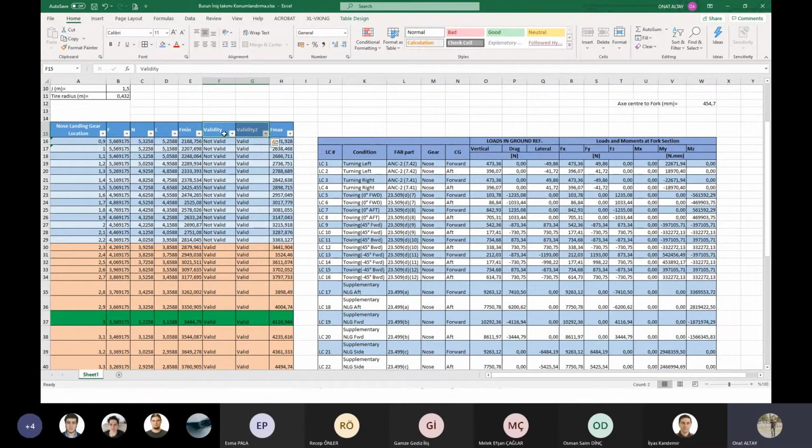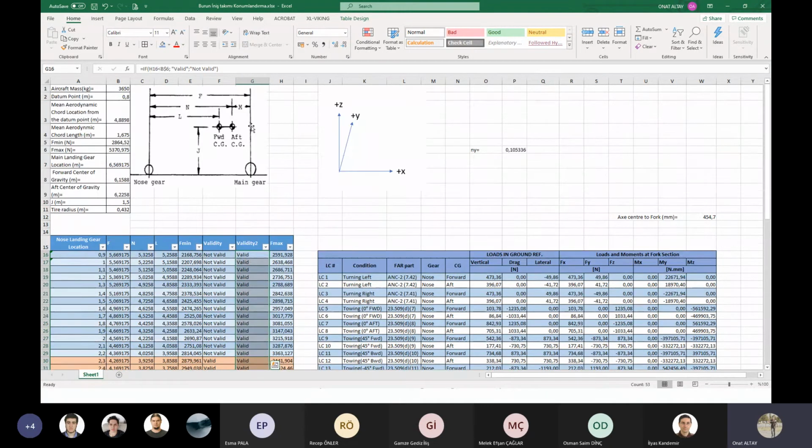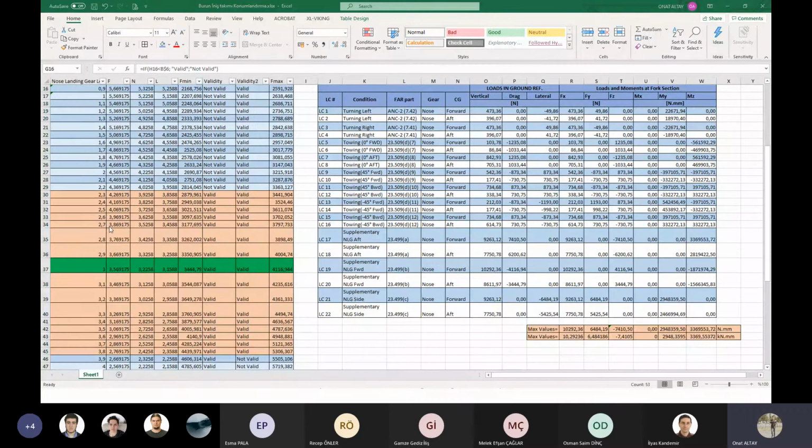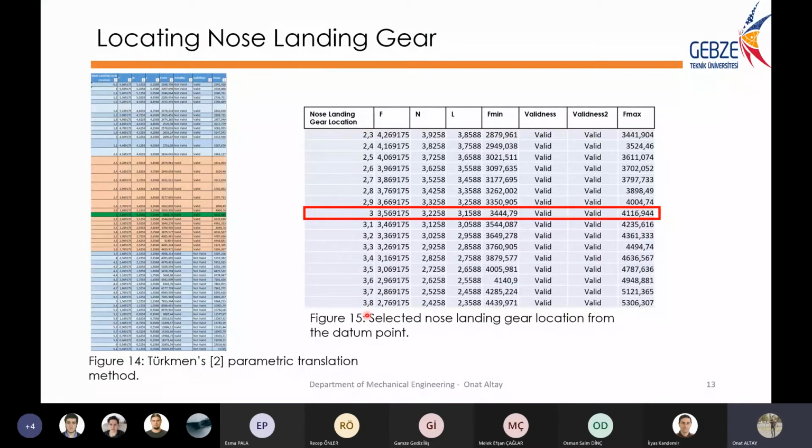These two columns check the validity, I mean, whether it is between 8 and 15%. There were almost 16 valid results, so on average I chose 8. After all, in my study, the nose landing gear is located 3 meters from the datum point.